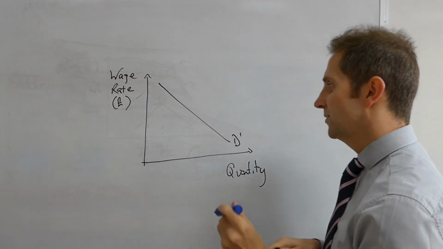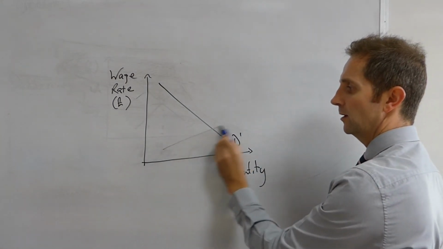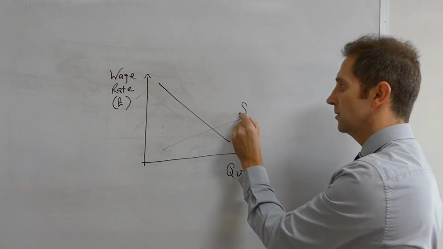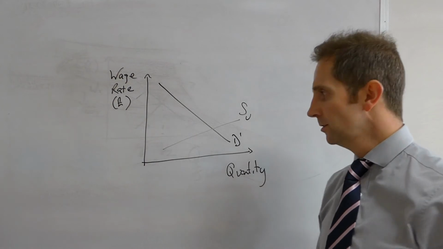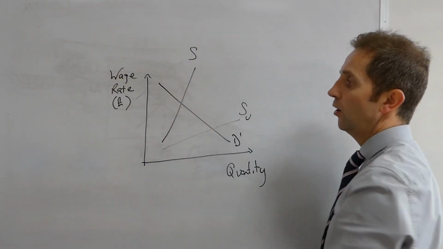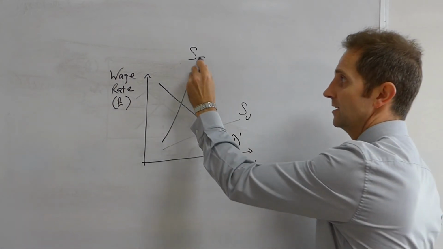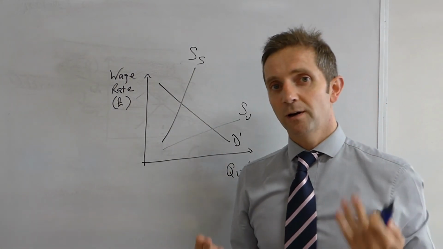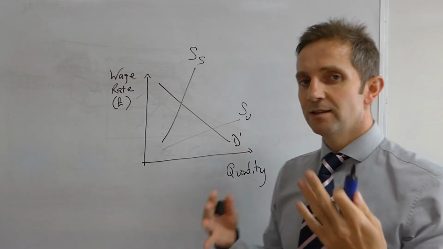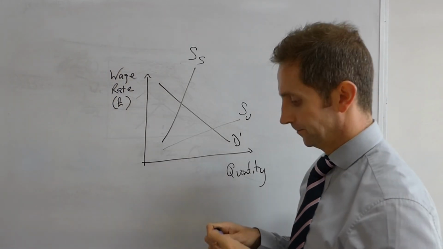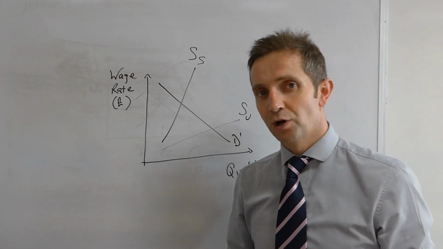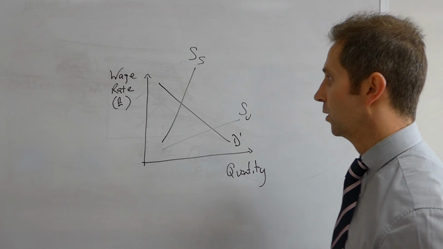The elasticity of supply of the unskilled worker is relatively flat, or elastic, as we call it, so that would be SU, unskilled, whereas the supply of the skilled worker, SS, is much more inelastic. That's an indication of the time it takes to train, and the skills and qualities associated with that job relative to the unskilled job.